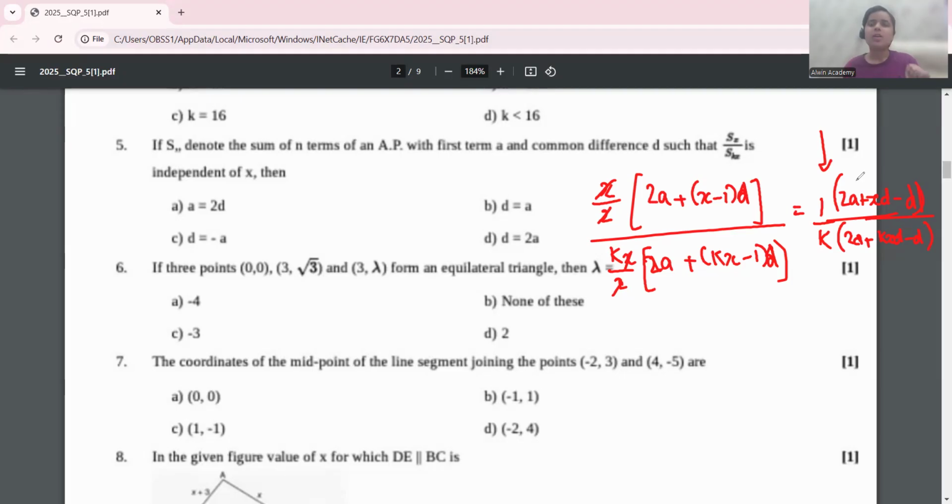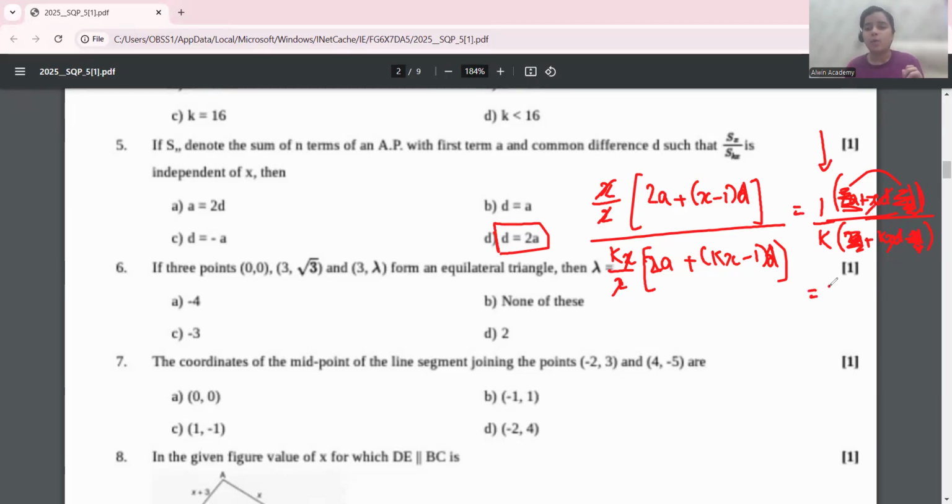Now, what if I say that 2a minus d is 0? 2a minus d is 0, which essentially means d is equal to 2a. When d becomes 2a, 2a minus d is 0. So this particular term gets removed, it becomes 0. And 2a minus d here also becomes 0. Thus we get xd upon kxd, and xd will get cancelled out.